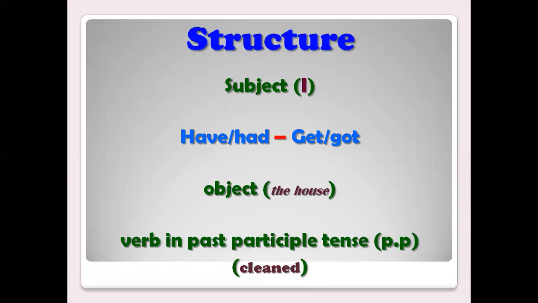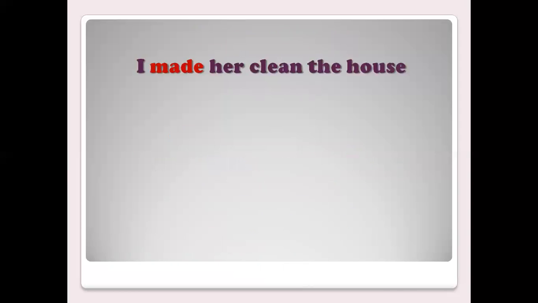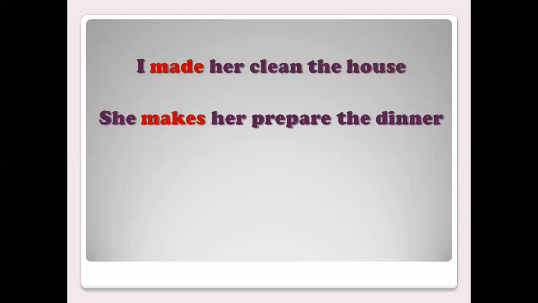So let's move to the next causative, which is make. Make is a very important causative, and it's actually stronger than both have and get. Let's move to examples to make it easier and clearer. I made her clean the house. She makes her prepare the dinner. Let's put a question here.